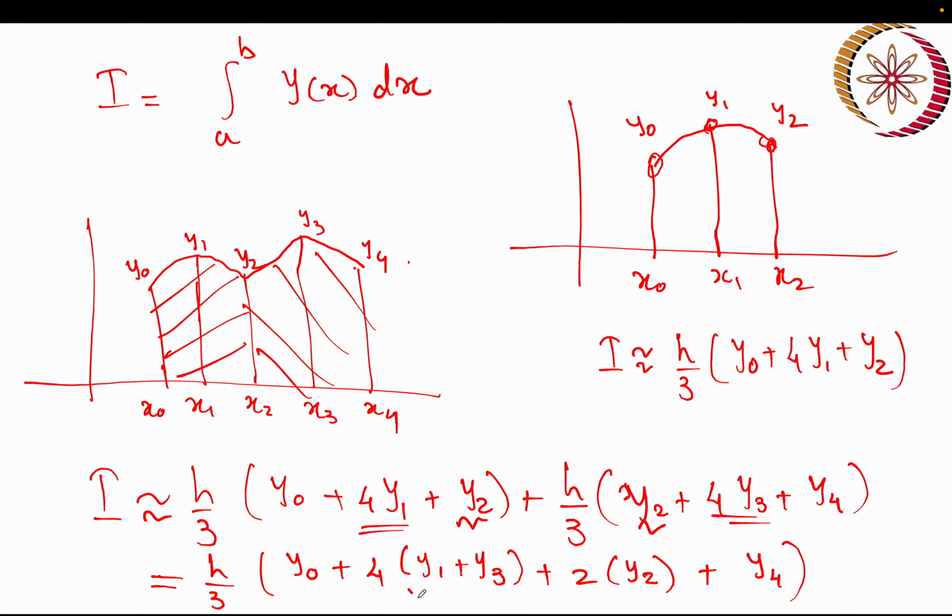So the terms in this bracket are odd and the term in this bracket is even, and this is the last value of the function and this is the first value.